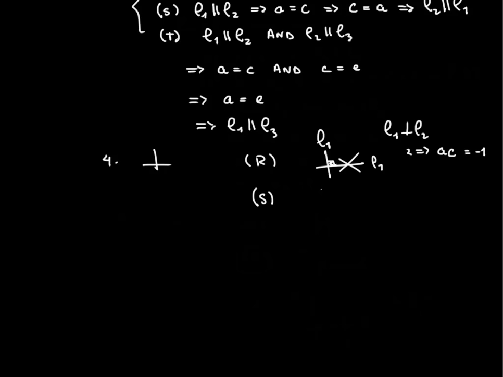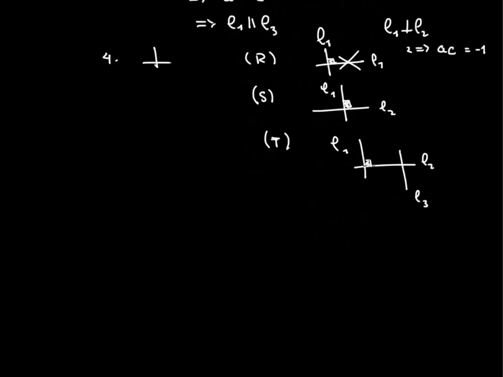For symmetry, obviously, if L1 is perpendicular to L2, L2 is going to be perpendicular to L1. And for transitivity, if L1 is perpendicular to L2 and L2 is perpendicular to L3, it's impossible for L1 to be perpendicular to L3. Actually, it's going to be parallel. So it is not transitive, it is not reflexive, but it is symmetric.